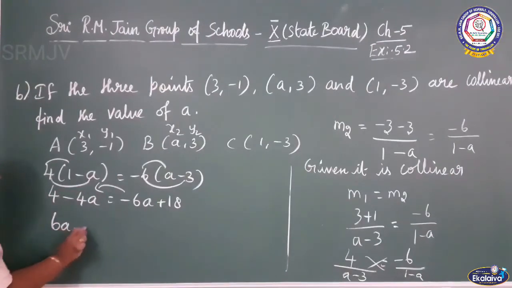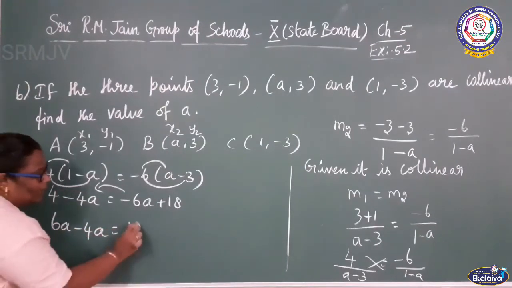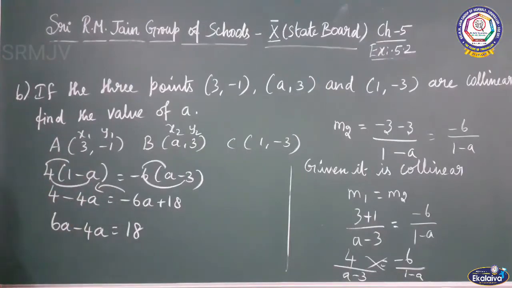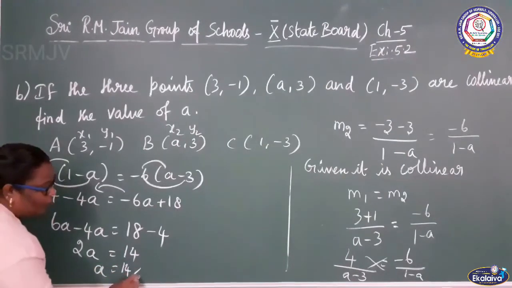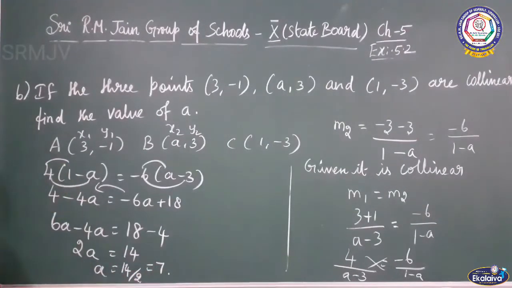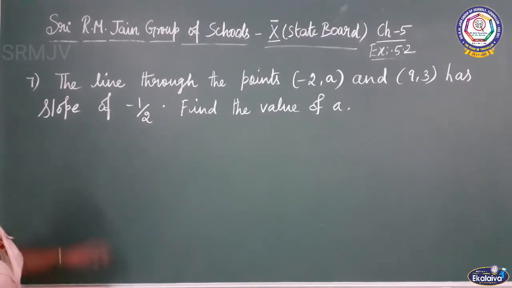It gives 6A minus 4A equals 18, and that 4 you bring to the right hand side, 18 minus 4. That is 2A equals 14. What is the value of A? A equals 14 by 2. It gives 7.